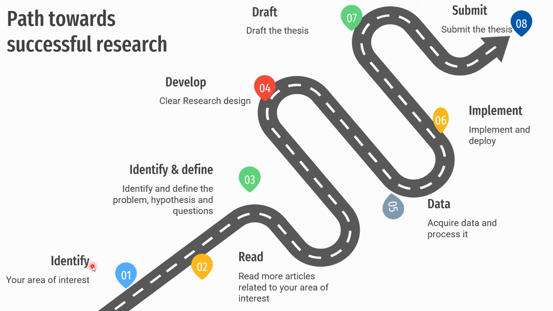You have to choose which one you're going to do. For example, if it is computer science, your area of interest might be data mining or artificial intelligence or software engineering. Because computer science is a broad field, you have to decide which topic you really need and which really excites you to learn more about.